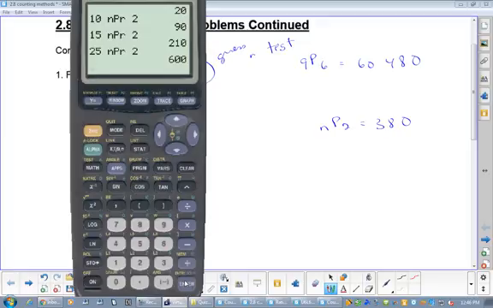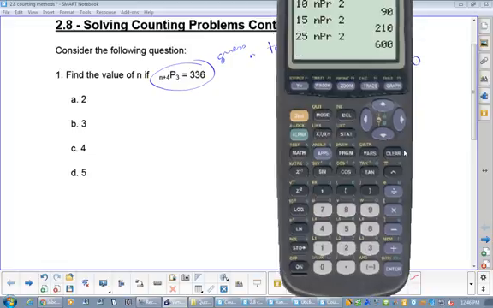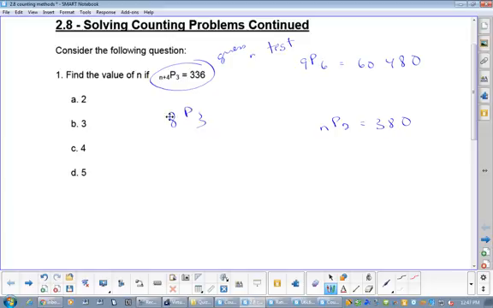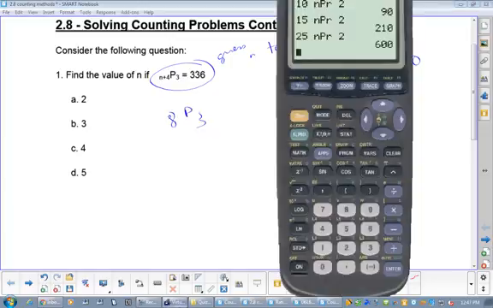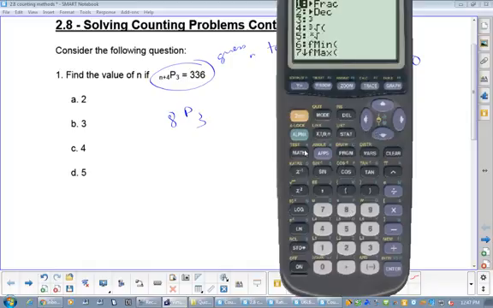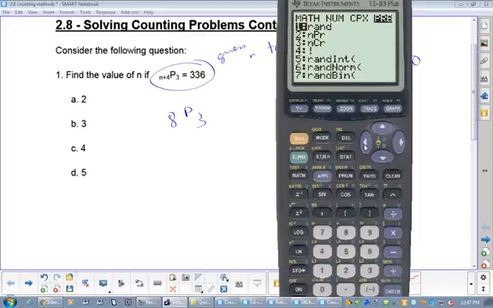So, even with this question that we've been given here, what P3 equals 336? Can you find that out for me? No, I said what P3 equals 336? 8P3. Okay, so you just try that out. 8P3 equals 336.